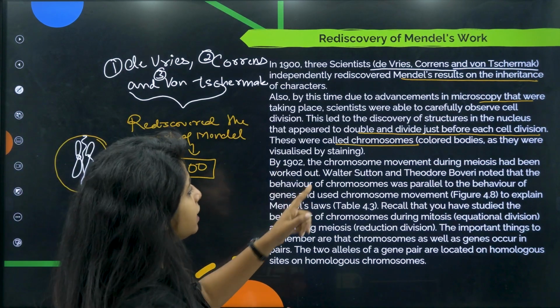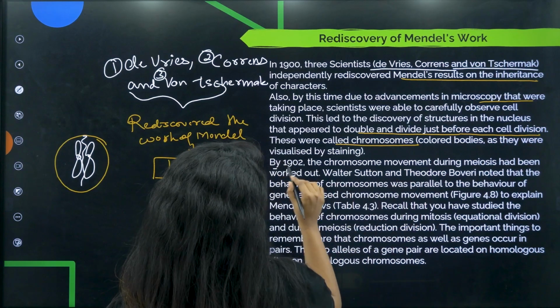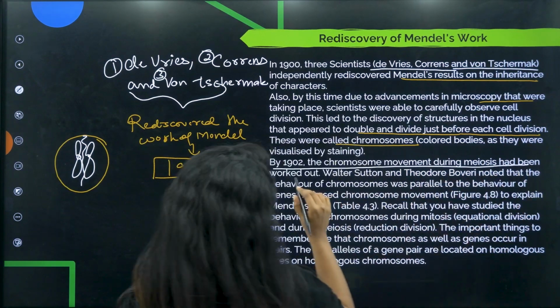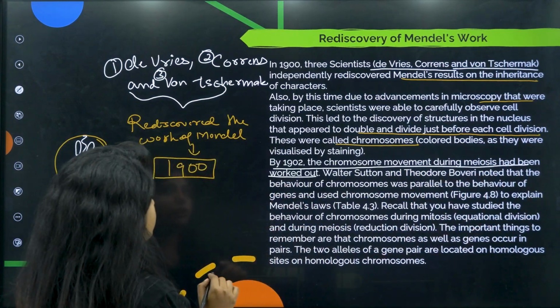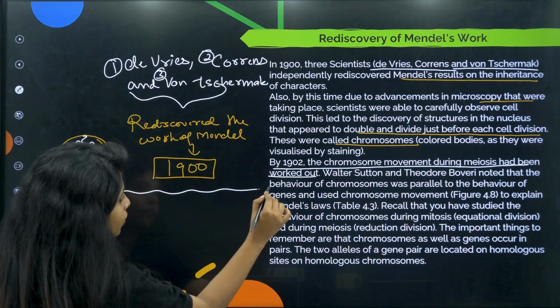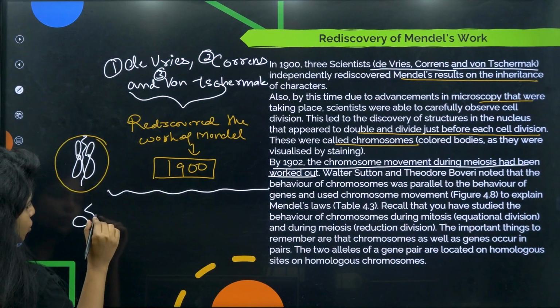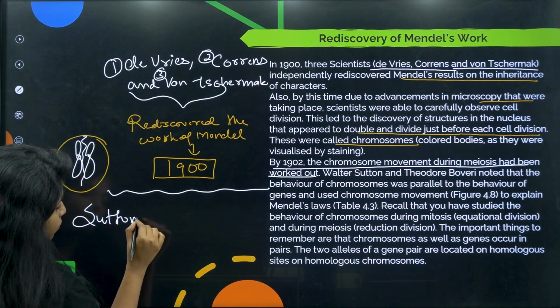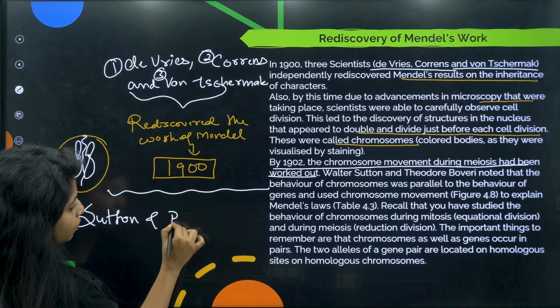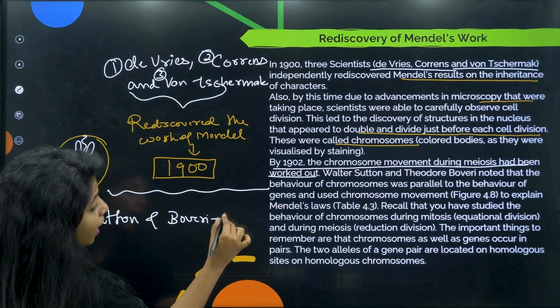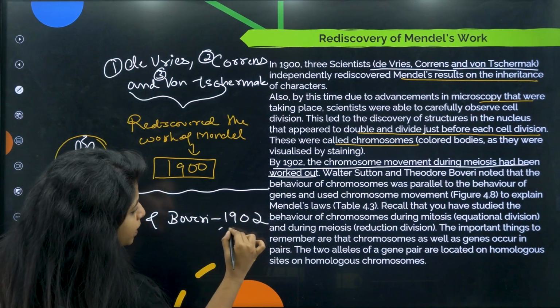Okay, by 1902, chromosome movement during meiosis had been worked out. So now comes the era of Sutton and Boveri. There were 2 other scientists, their names were Sutton and Boveri, and their story happened in the year 1902. Please remember that.